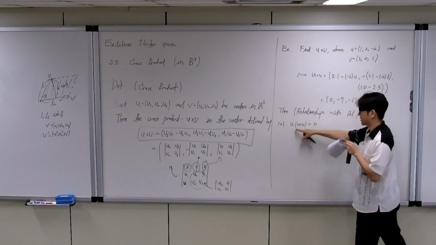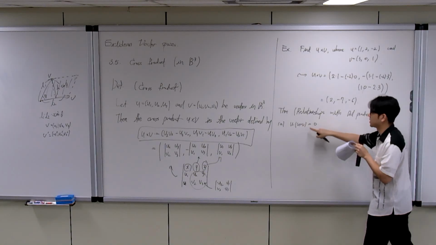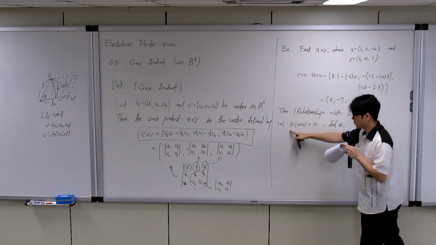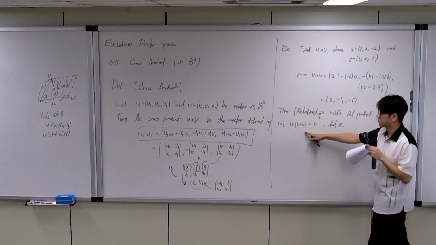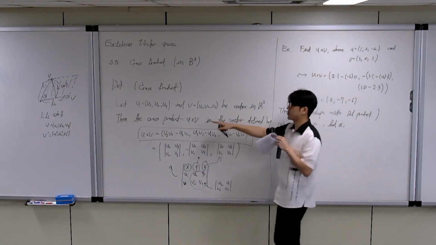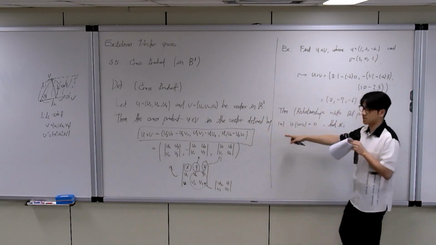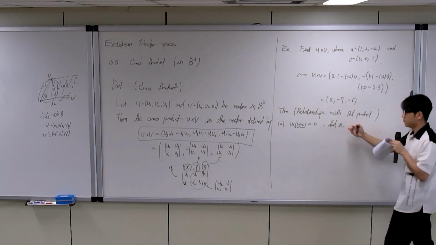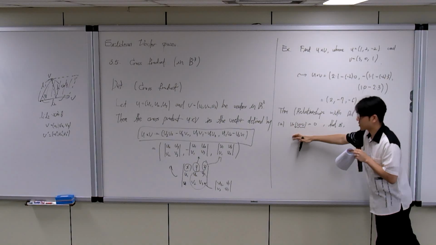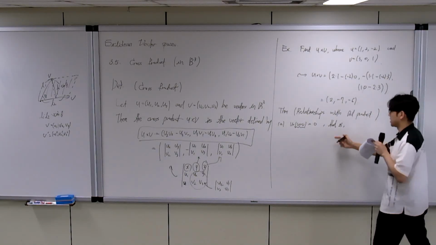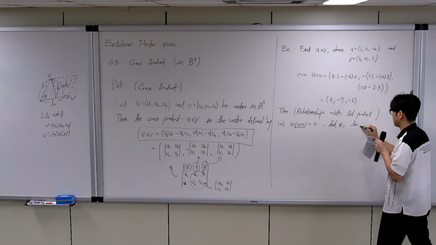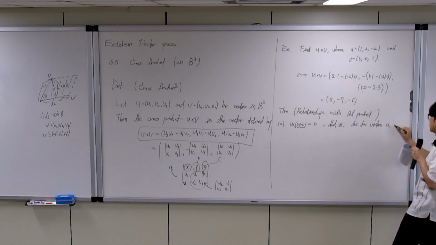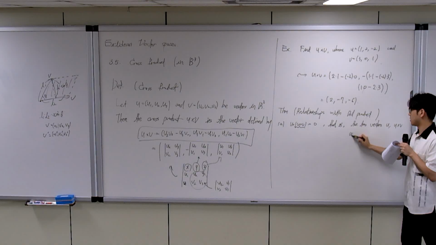If you calculate U dot (U cross V) and it is 0, that means the vector U and the vector U cross V, which I said is a vector as the result, are orthogonal.